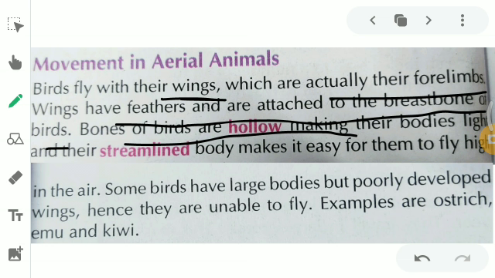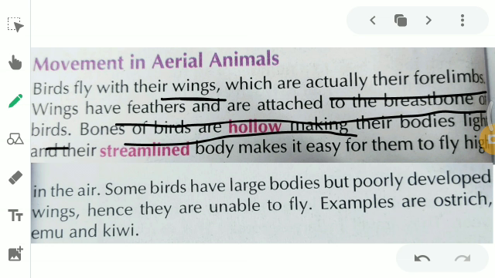In the bone, bone marrow is present. That is where blood cells are formed. So that's why our bones have weight. But the bones of birds are filled with air. That's why they weigh less. This feature helps birds to fly in the air.